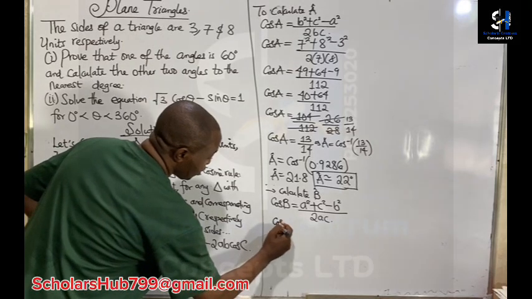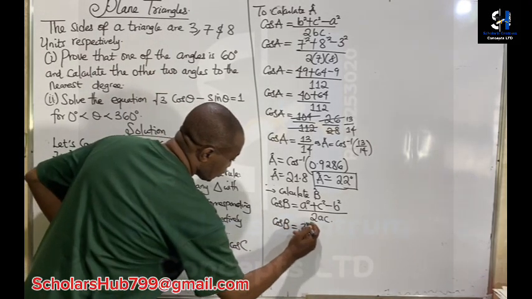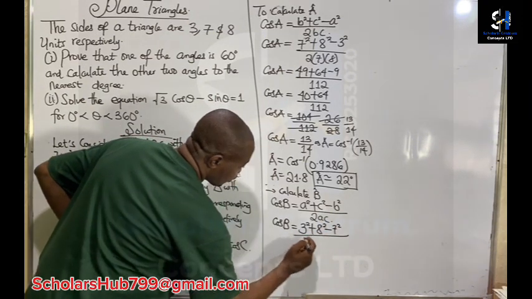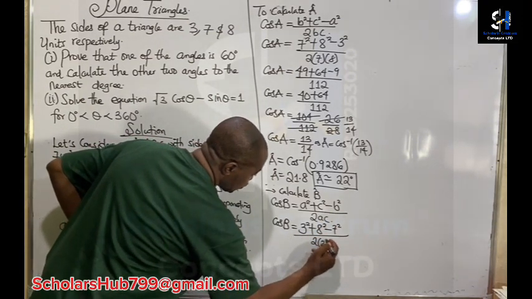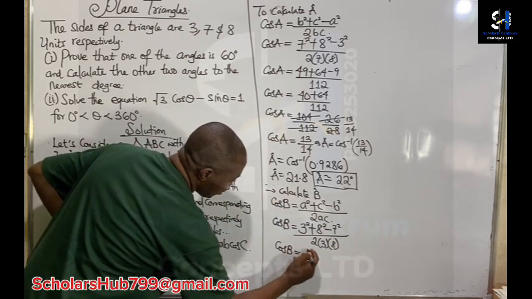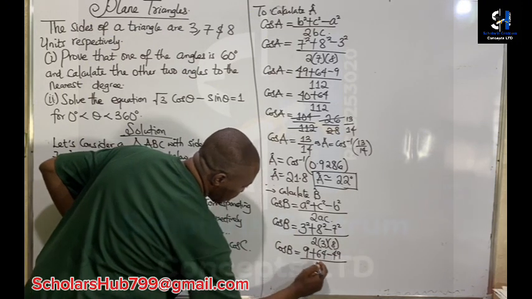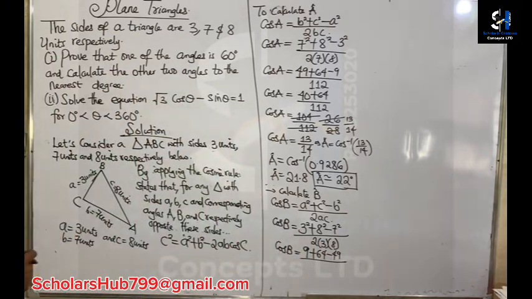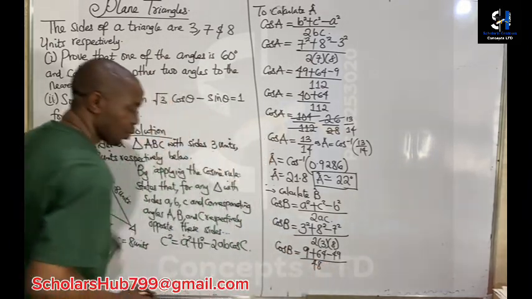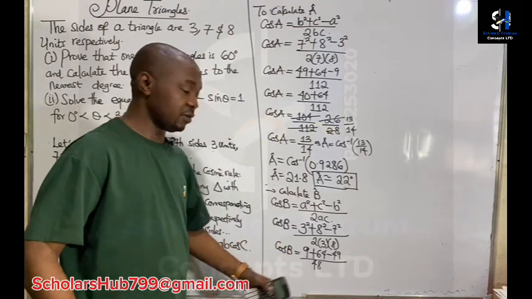So cos B equals 3 squared plus 8 squared minus 7 squared over 2 times 3 times 8. So cos B will be 9 plus 64 minus 49 over 6 times 8, that will be 48. So here we have 9 minus 49, that will be negative 40.